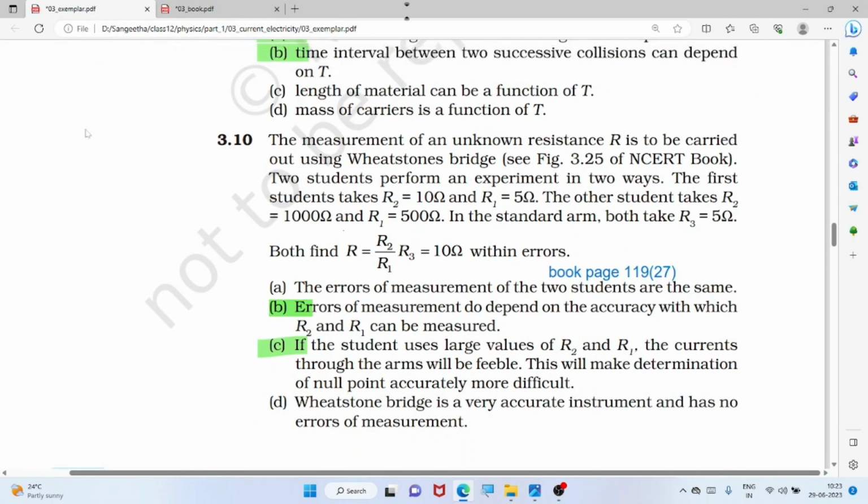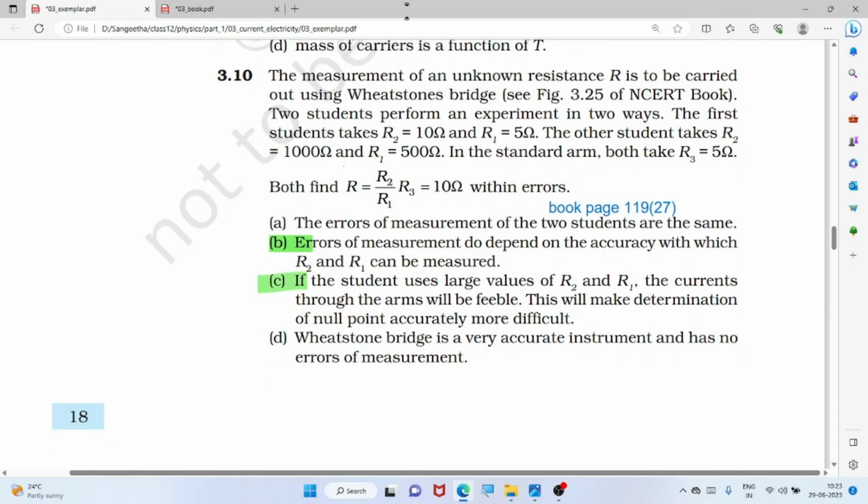The unknown resistance is to be measured with the Wheatstone bridge. In the book, two students perform the experiment in two ways. First, R1 is 5 ohm, 100 ohm, 5 ohm, the other in the standard ratio. Are the errors of the measurements of these two students the same?